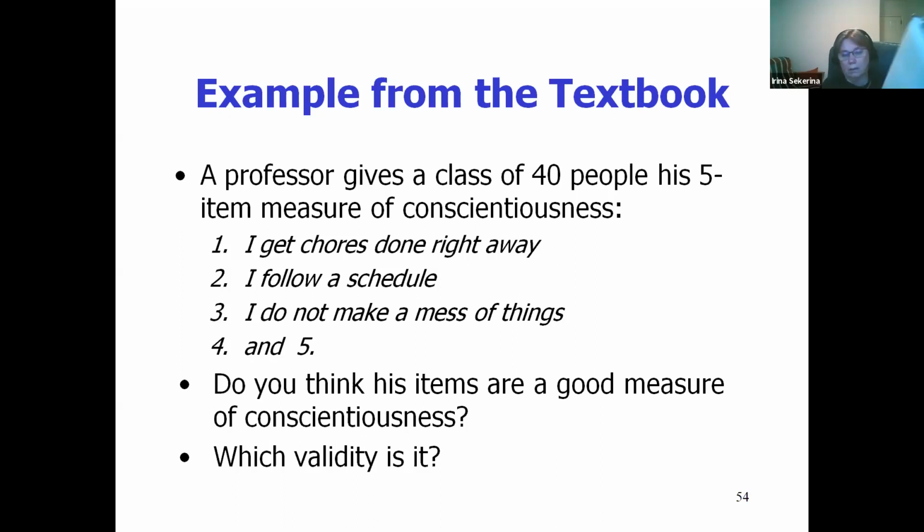All right. Which validity is it? Let me ask somebody if nobody volunteers. Internal. No, not internal. We actually don't have an internal validity in that sense. Think of internal validity as the third variable problem, right? This is not an experiment, so there is no causality here, really.